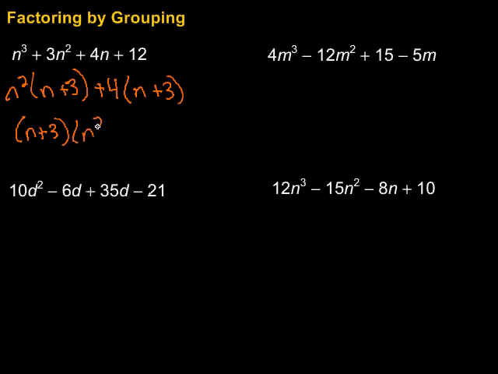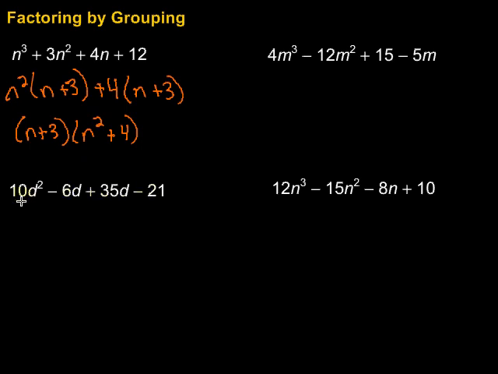Then on my second term, I have 4 times n plus 3. I'm going to divide out an n plus 3 and be left with plus 4. So we're there. Now that is factored by grouping.